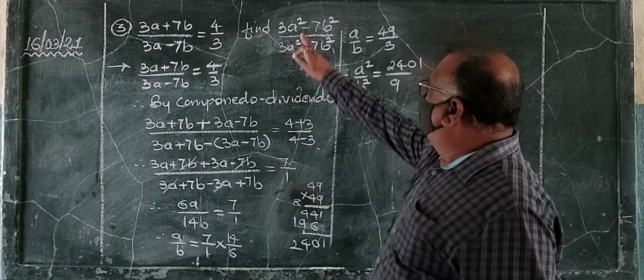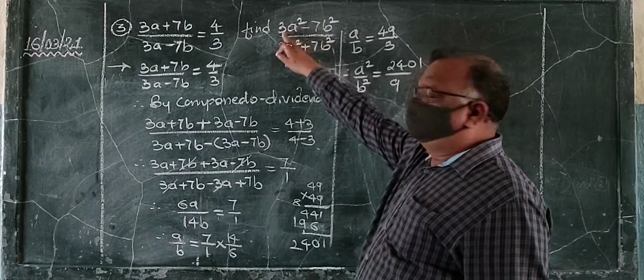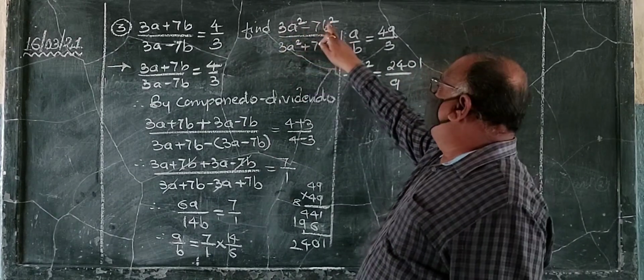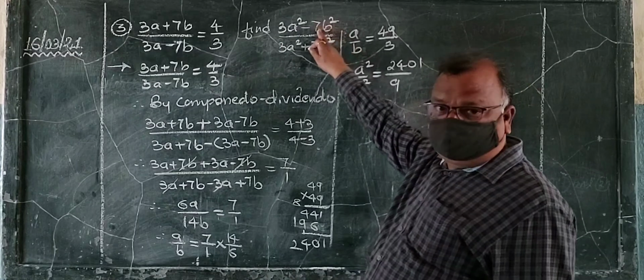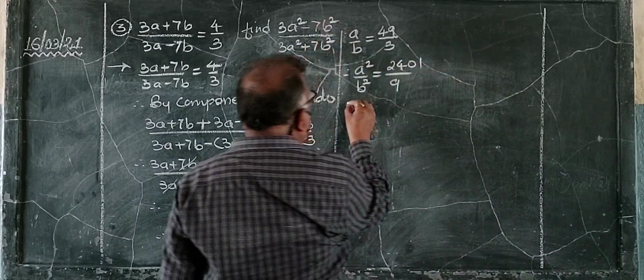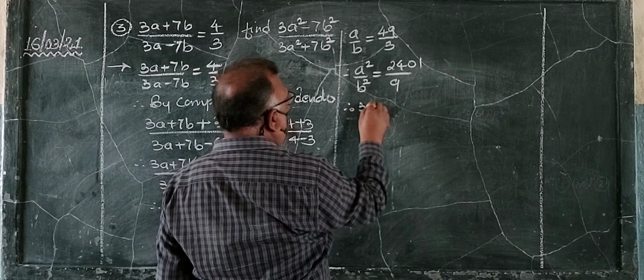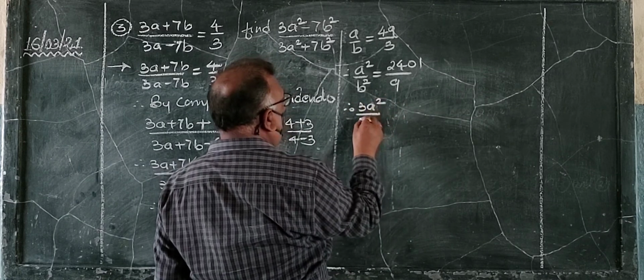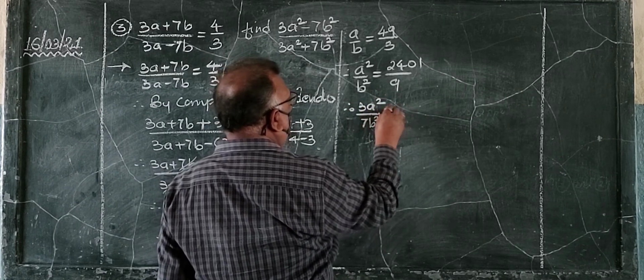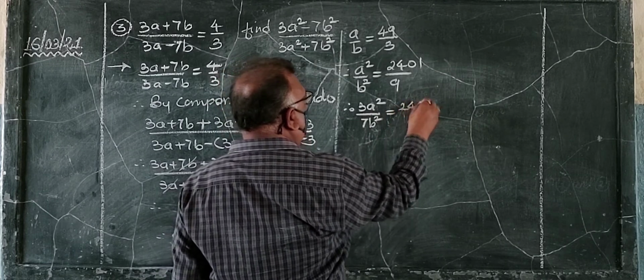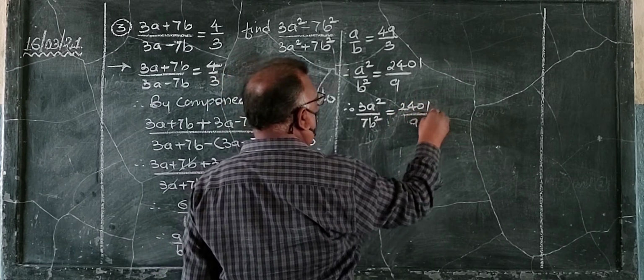After this, what is the coefficient of a square? 3. What is the coefficient of b square? 7. So we will multiply a square by 3 and b square by 7. The same thing we need to do on the other side also.